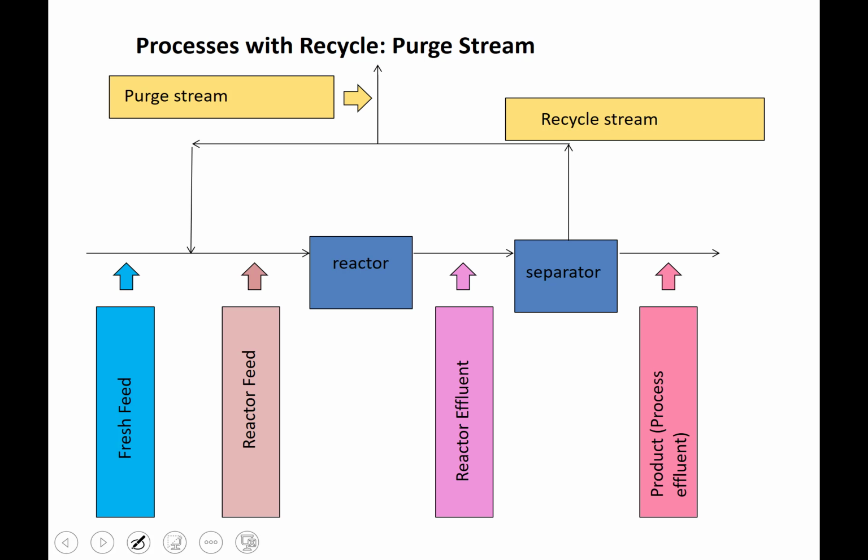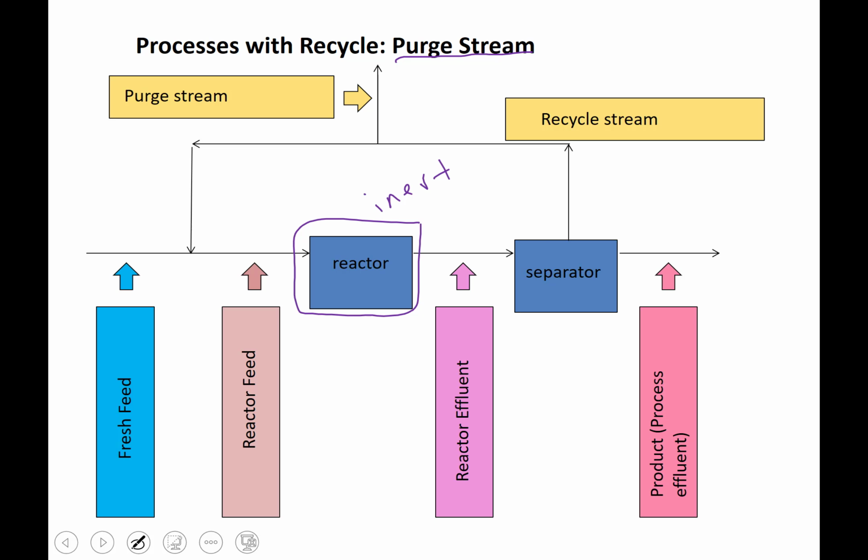What I want to show you here is what is a purge stream. Generally, purge streams are used when you have a reaction, and the reaction may have an inert. And this is relatively common for different reasons, that you have some inert component in the reaction.